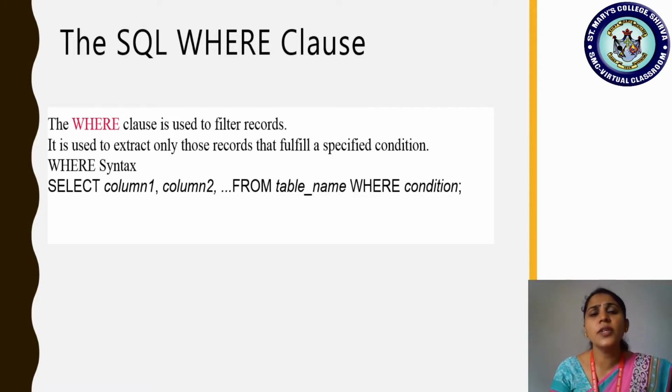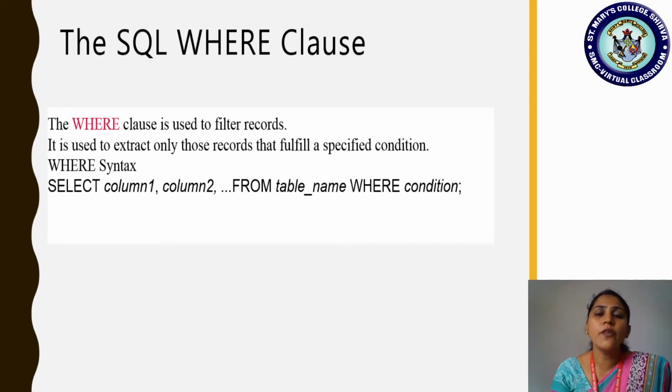Let us assume that the BCA students' data is together. In such an instance, if I want to separate the information about first year BCA students only, or the records of only second year BCA students, or third year BCA students' records separately, this is where I want to filter the records.